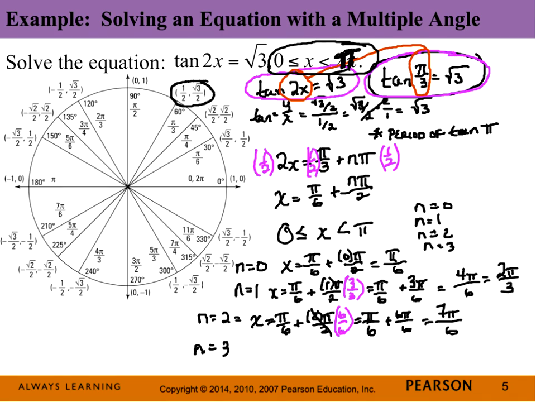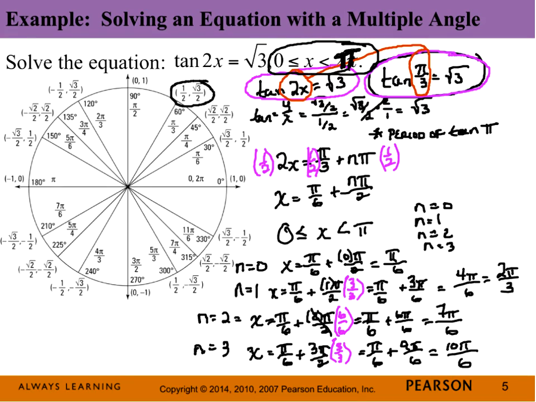All right, and finally, an n of 3, we have x equals pi over 6 plus 3 pi over 2. I'm going to go ahead and get a common denominator. I need to multiply by 3 over 3. So that is pi over 6 plus 9 pi over 6, which is 10 pi over 6.